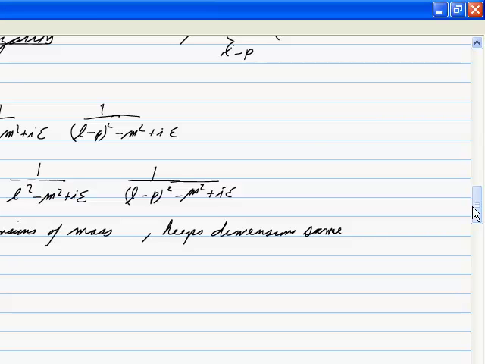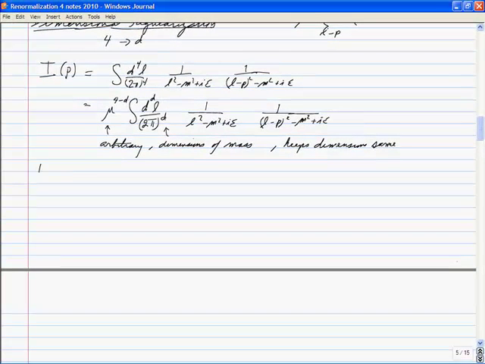Okay, so let's do this guy now. There's a bunch of interesting pieces of math here. First, I Feynman parameterize again.